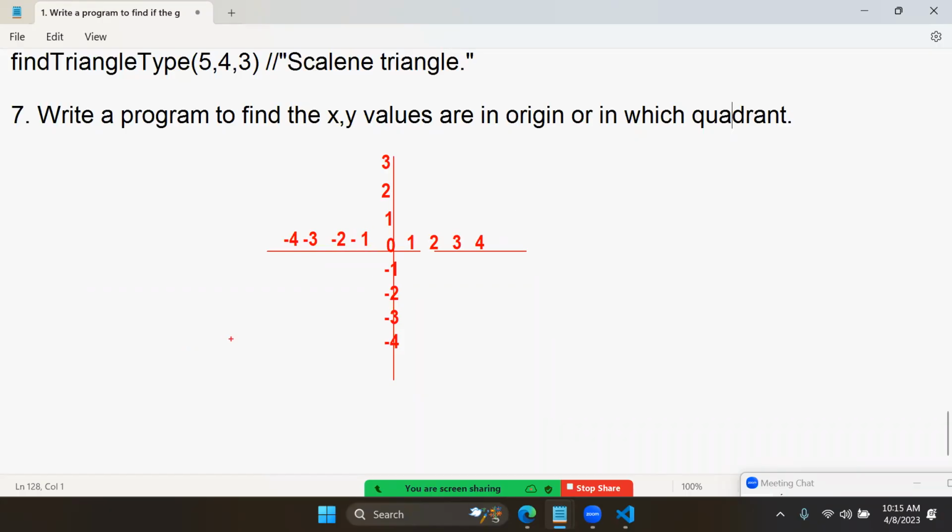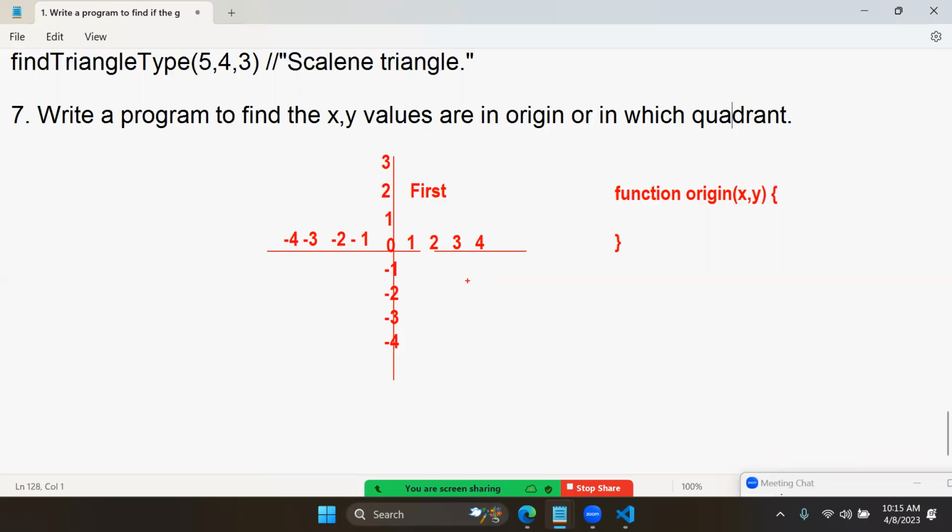Now, the point is, you have to write a function here. Find origin is the function. In that you have to pass the x-axis and y-axis values. This is called first, this is called second.